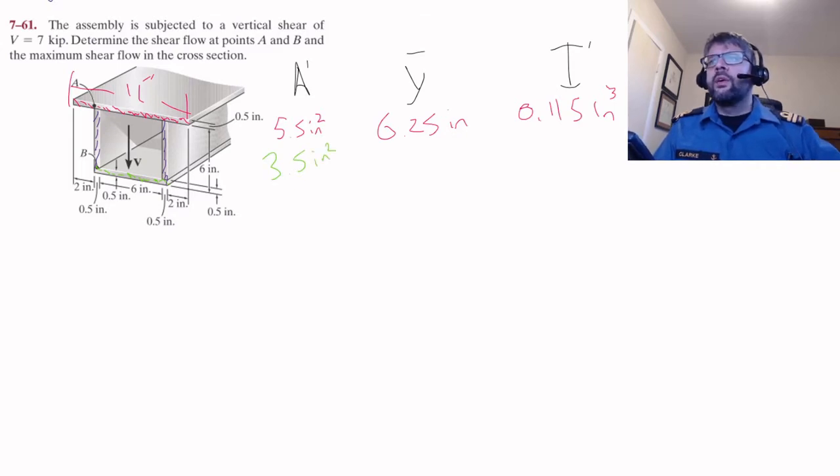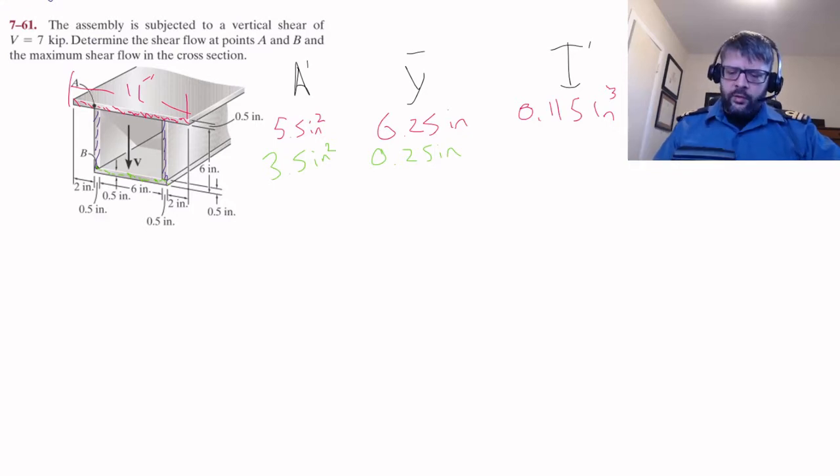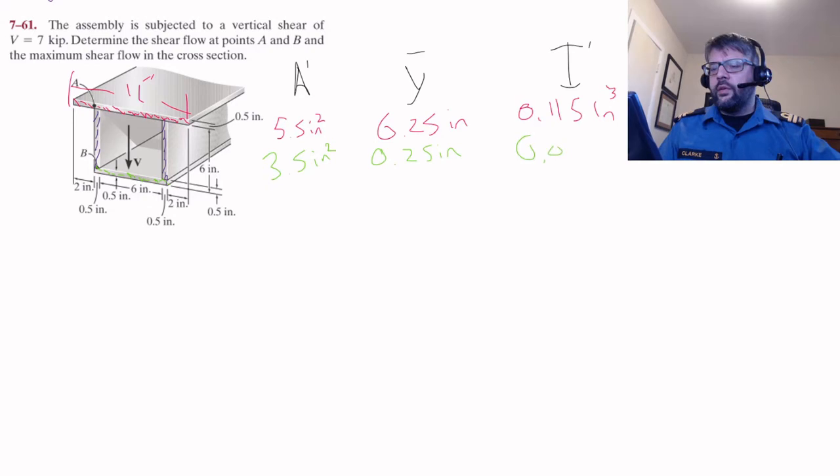Its Ybar is half of 0.5 inches, so 0.25 inches. And its I, 0.5 to the power of 3 times 7 divided by 12, 0.073 inches to the third.